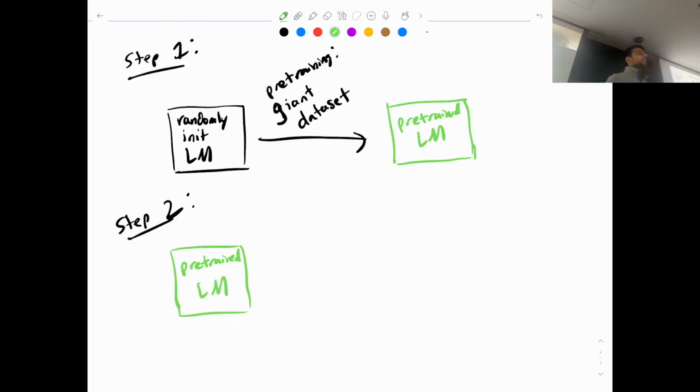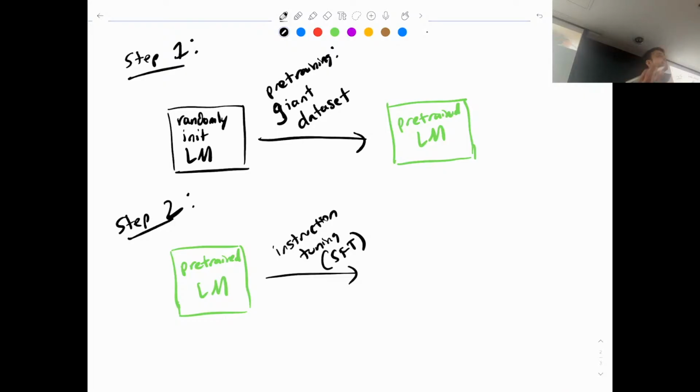So this allows us to reuse all of the useful linguistic information that the pre-trained model has learned, all of the facts about the world and things like that that the model has memorized in its parameters. Now, it's common to do instruction tuning here. You will also see this referred to somewhat confusingly as SFT.